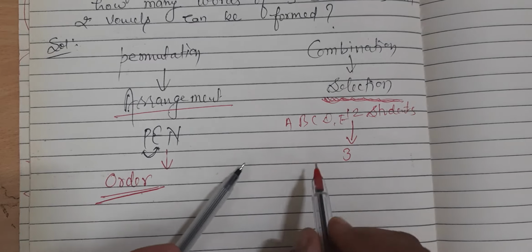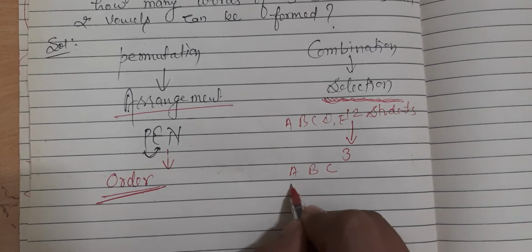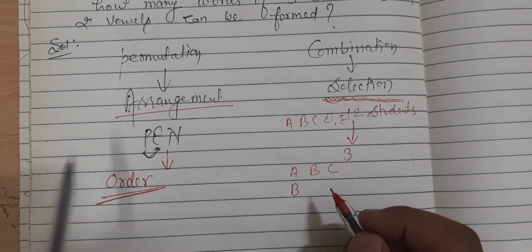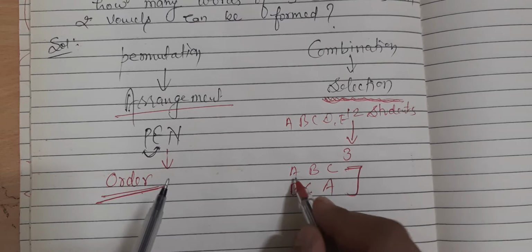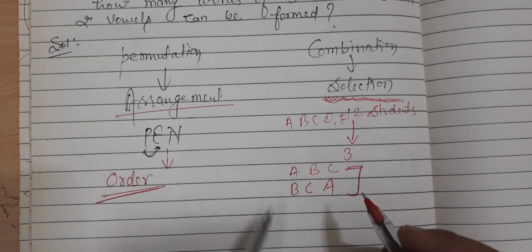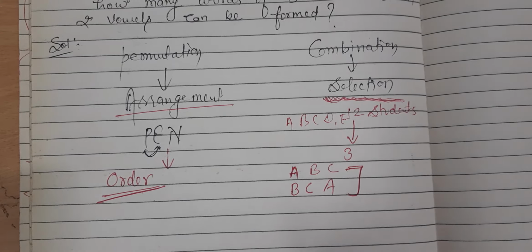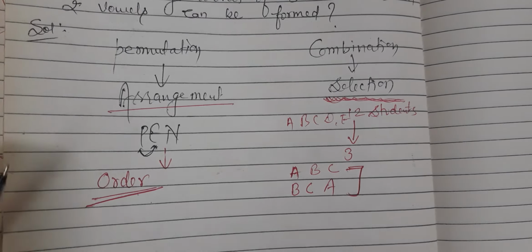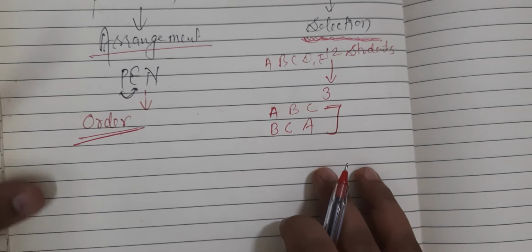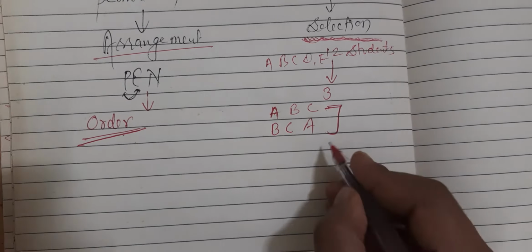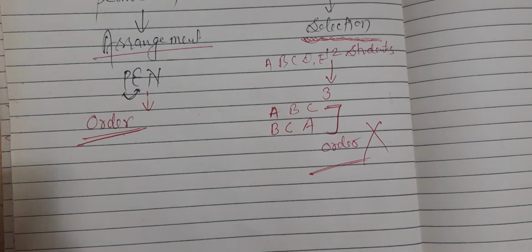So I can take A, B, C, or first I can choose B, then C, then A. When you observe, you will find that they are not two different combinations, they are only one. It's one combination. They are not different, they are the same. So here order does not matter. There is no role of order in combination.